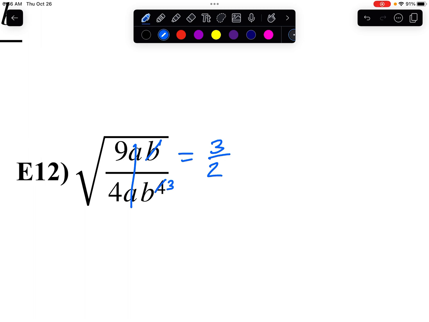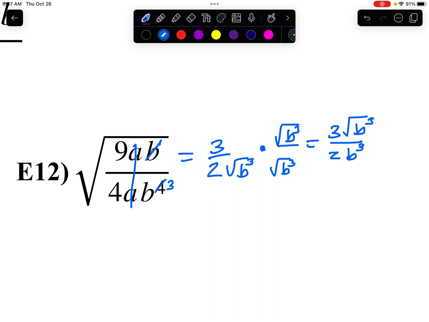So I get 3 over the square root of b cubed. Well then, I'm going to multiply the numerator and denominator by the square root of b cubed. So my numerator is 3 square root of b cubed all over 2 b cubed.